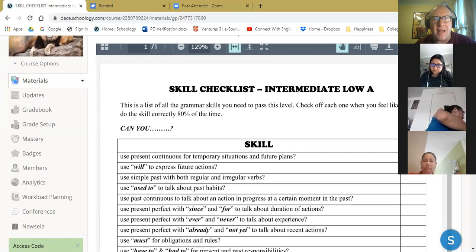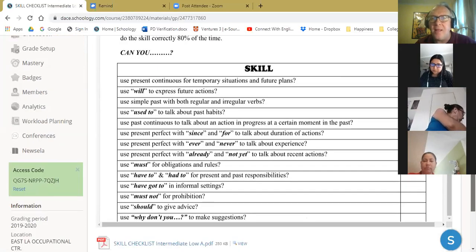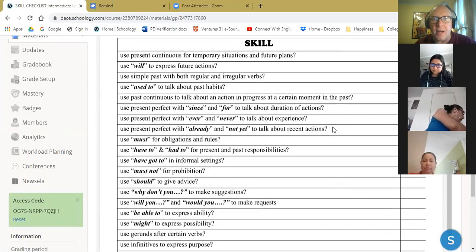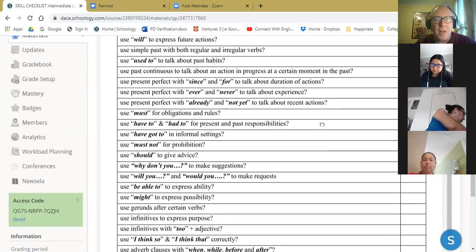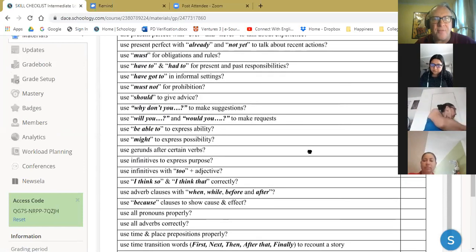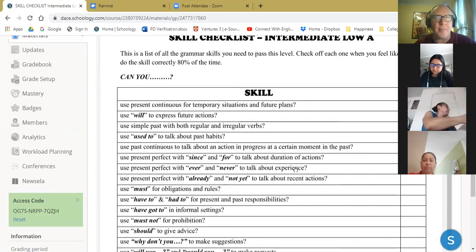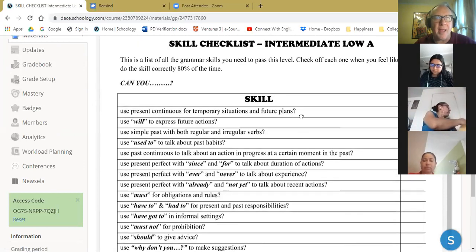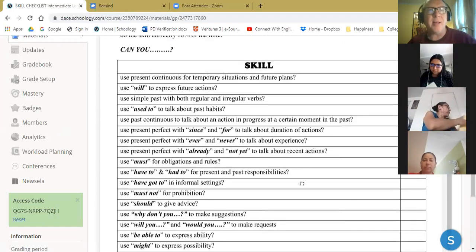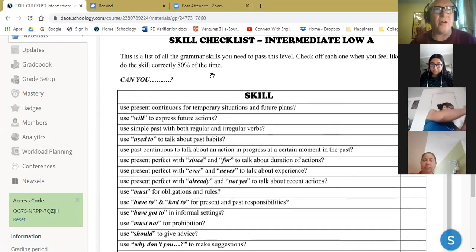If you don't have an ID, just let me know and I'll set you up with an ID, if you haven't used Schoology before. This one is for intermediate low A. It's a very good idea to set yourself up, because there's a lot of review materials on Schoology.